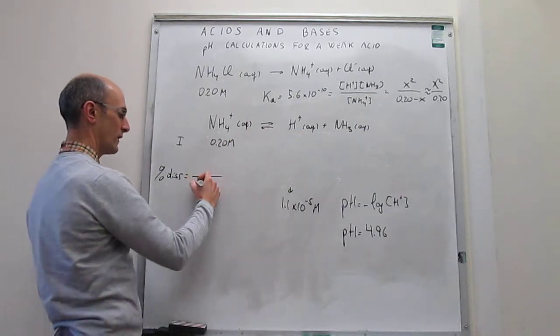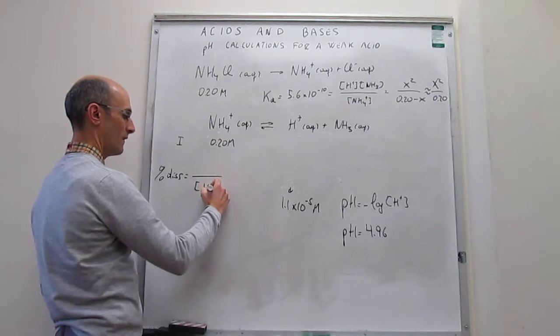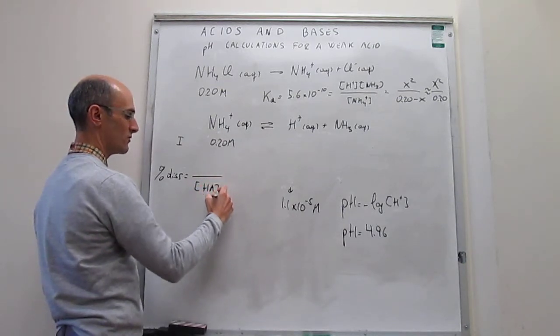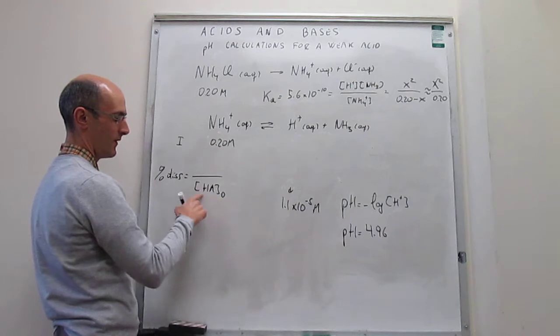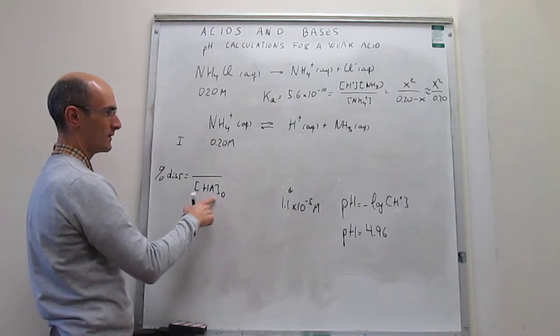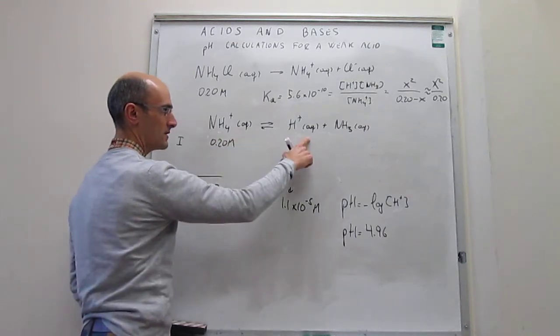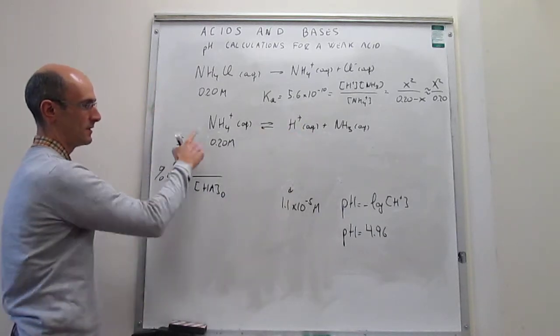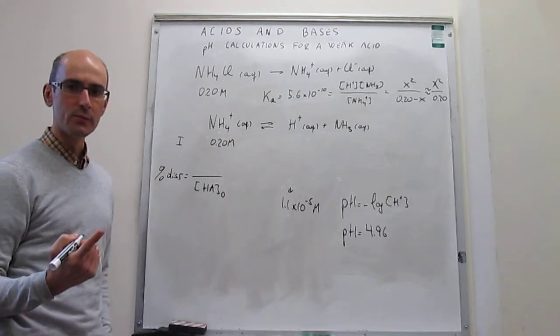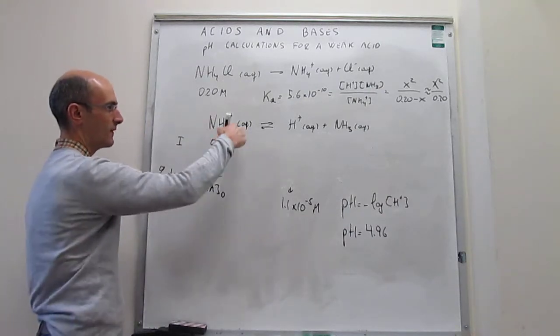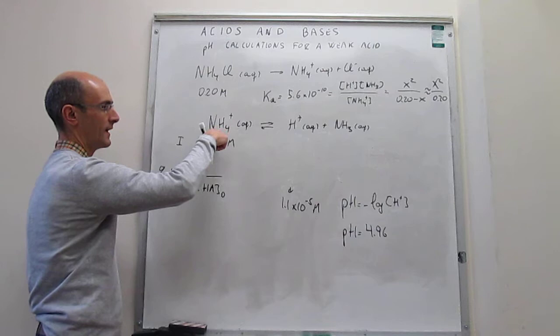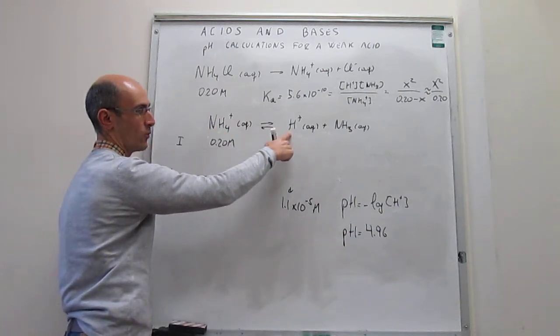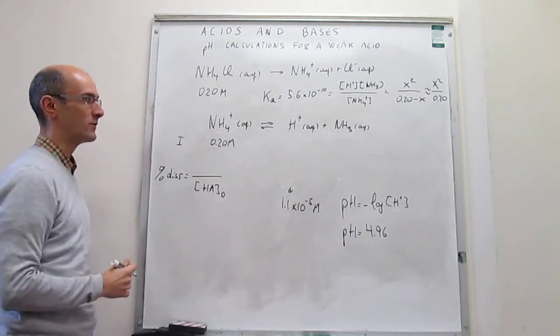To write this in a generic form, the concentration of acid that you had initially is going to be [HA]0. That is what means initial concentration of the acid. And then the amount that has dissociated will be identical to the amount of protons that you have right here, as long as this acid only has one proton, because any molecule of the acid that dissociates is going to appear as one proton in this case.